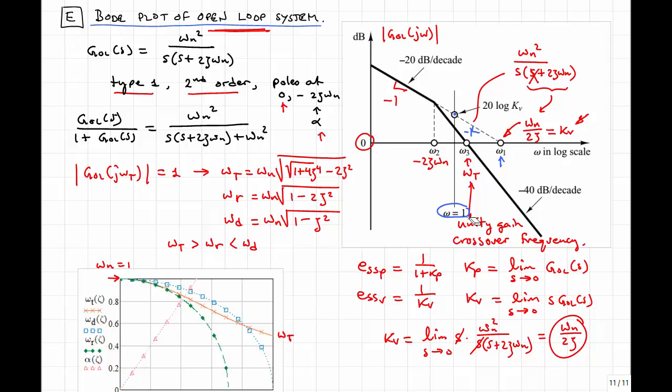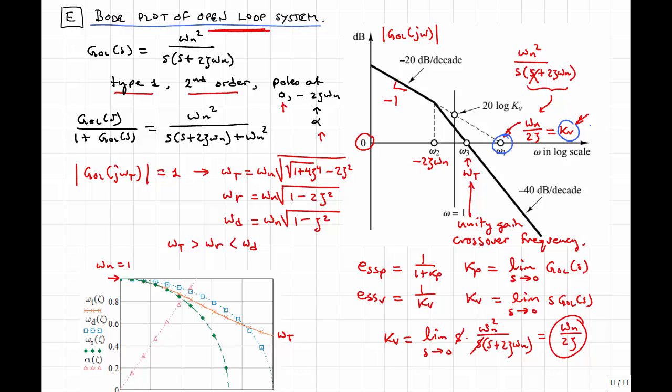It is not actually used for finding kV. Finding kV is simply a matter of identifying the point where the -1 slope, low frequency portion of the magnitude plot is extended if necessary to cross the 0 dB point, and that intersection is the value of kV, which leads to the steady state velocity error.